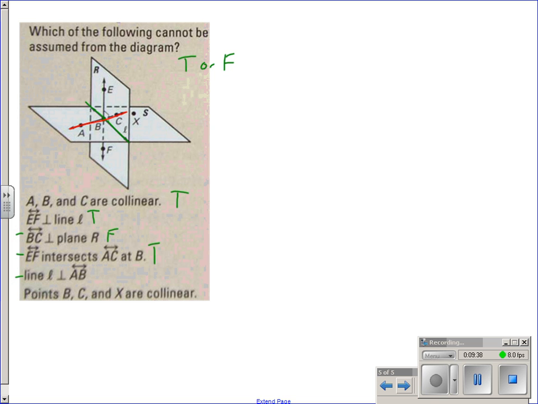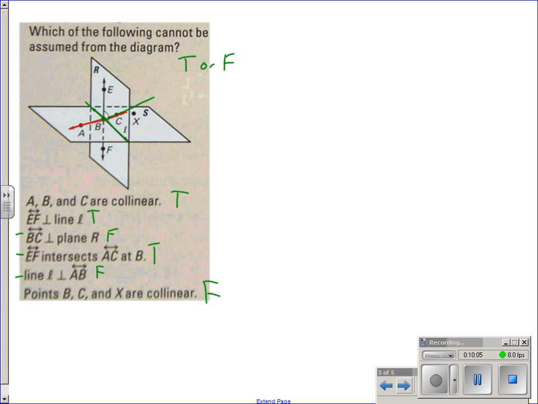We don't have any perpendicular markers connecting those two lines. We cannot assume that. That's got to be a false. And the last one, points B, C, and X are collinear. Now, it doesn't even look like it, but again, there's no information there that says, yeah, X is on that same line. You cannot assume that, so that's got to be a false.